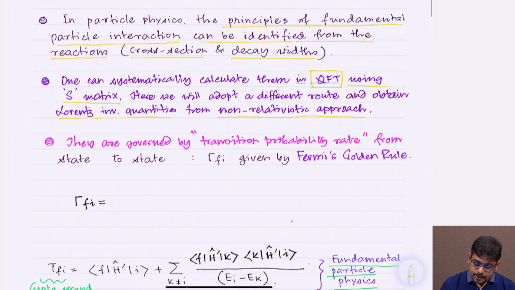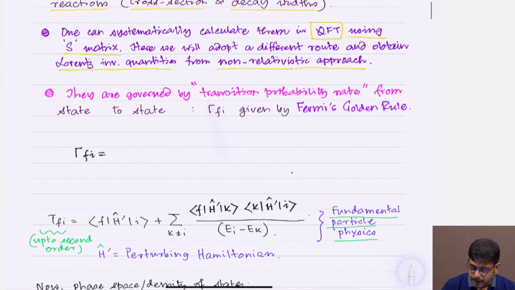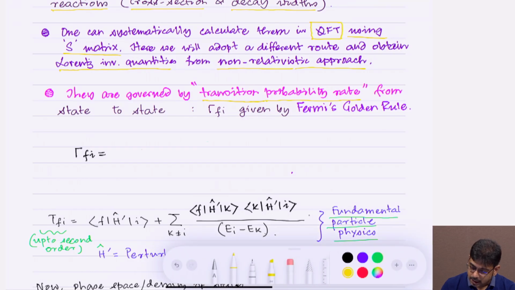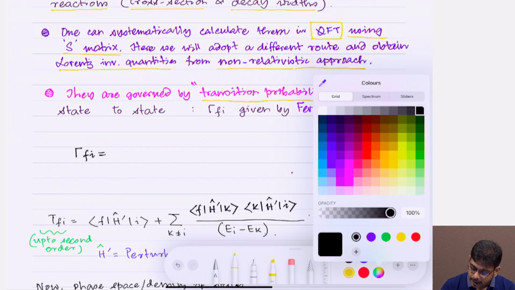Now, the point is the cross sections and decay widths, or the transition from one state to the other, are essentially governed by what we call the transition probability rate, and the transition probability rate of course associates two states, one initial state and the other final state.